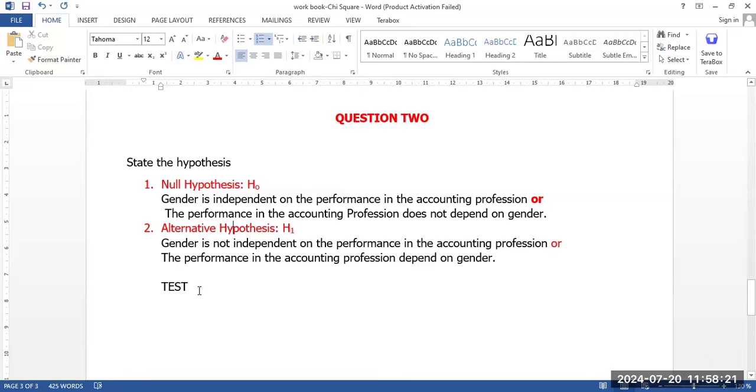We want to test to confirm whether it is true or false. And as we test, we need two things: the computed value and the value from the table.